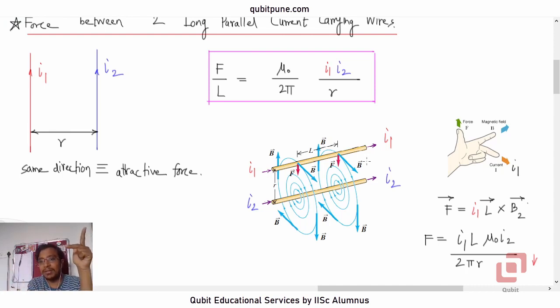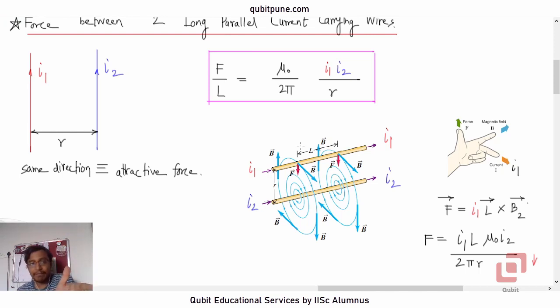Okay, and the curled fingers of your right hand will tell us the direction of the magnetic field, where the thumb of your right hand is pointing in the direction of I2. So it will tell you that the magnetic field in which I1 is present will be tangential to the circular magnetic field lines.